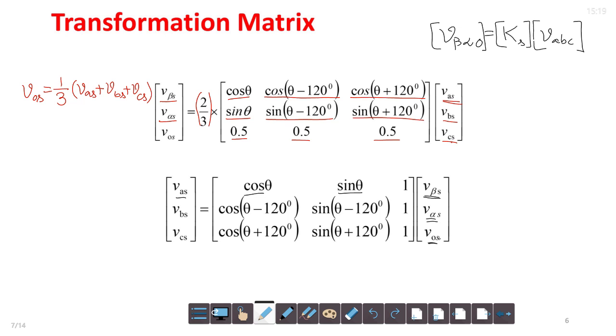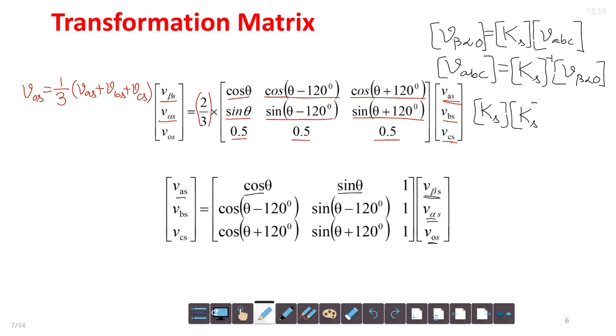So, from the second inverse transformation, we get the V A B C vector, where the inverse transformation is written as K S inverse and the vector V beta alpha O. Now we can see this K S transformation into its inverse transformation, K S inverse, is the identity matrix of dimension 3 by 3.